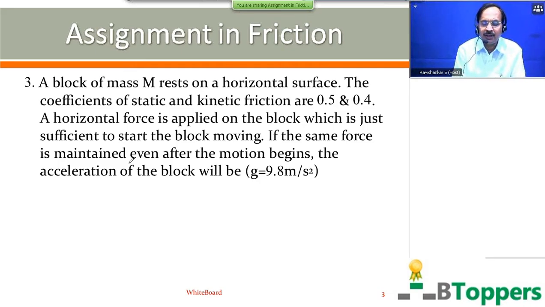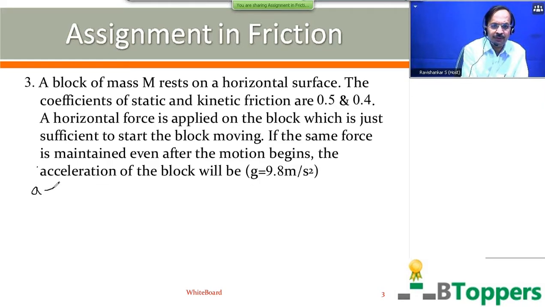As I discussed earlier, in the first special case, a block is initially at rest on a rough horizontal floor, and a horizontal force equal to the minimum force required to just start it moving is applied, and the same force is maintained even after the motion begins.